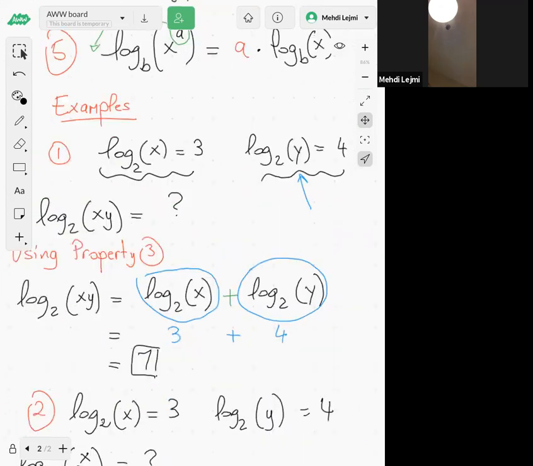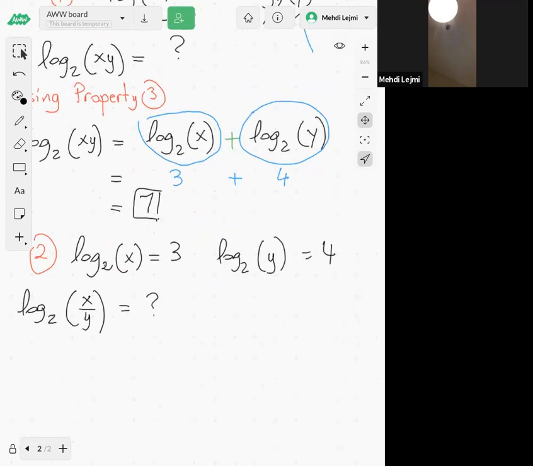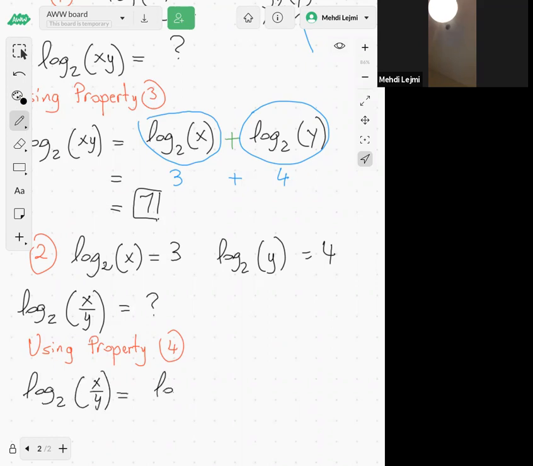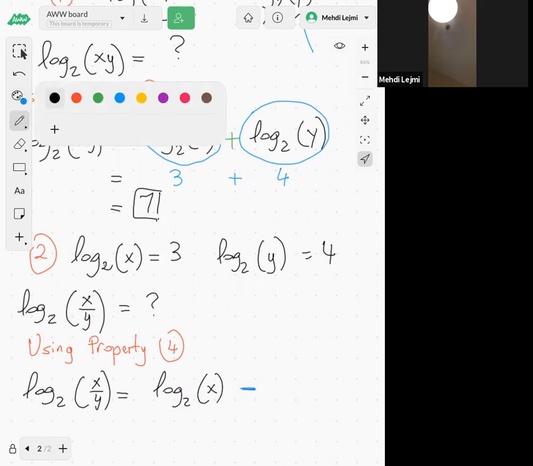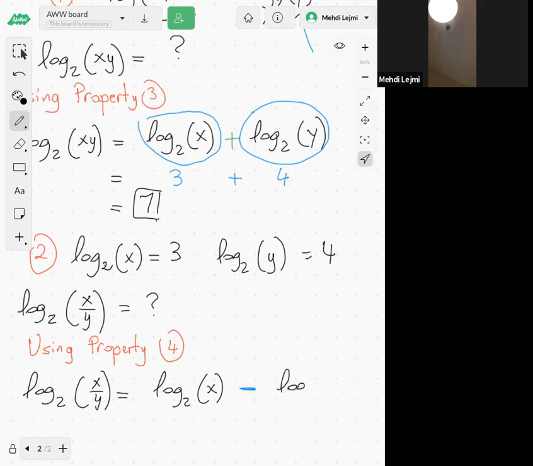So log in base 2 of x over y is log in base 2 of x minus log in base 2 of y.